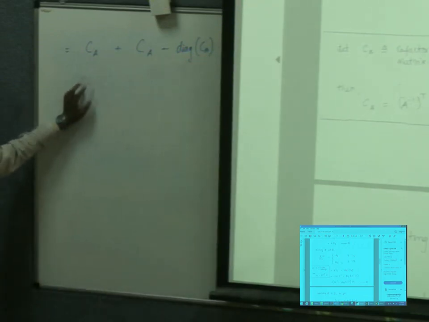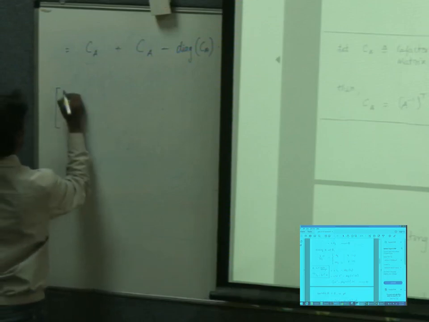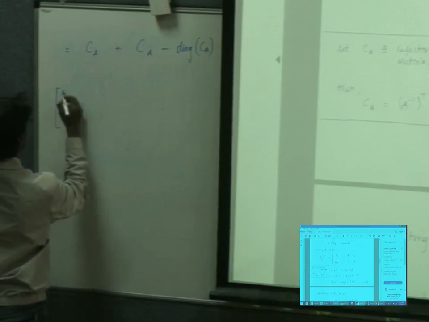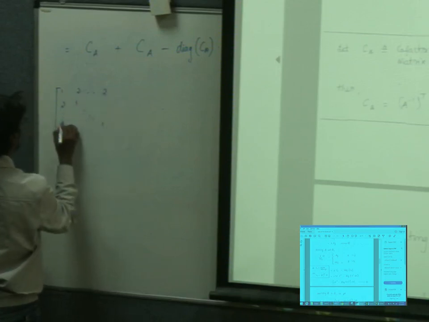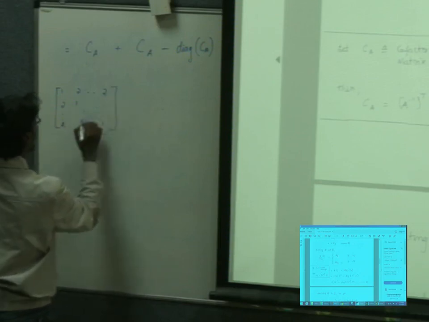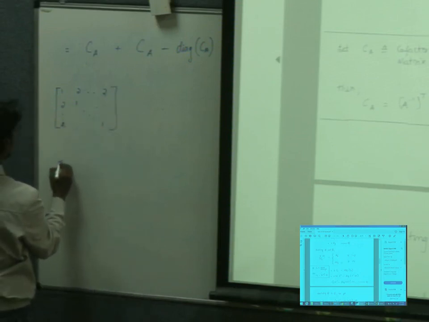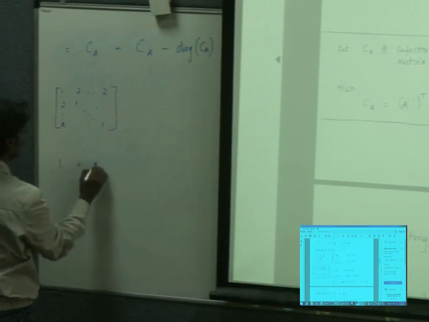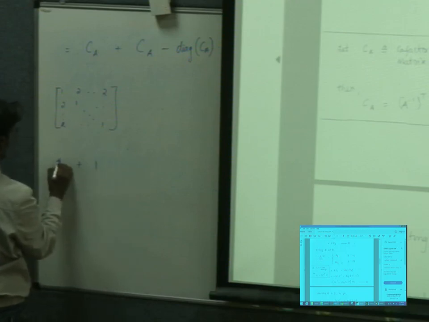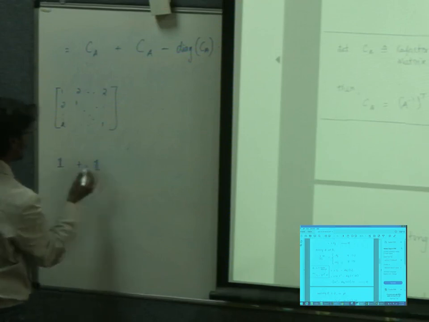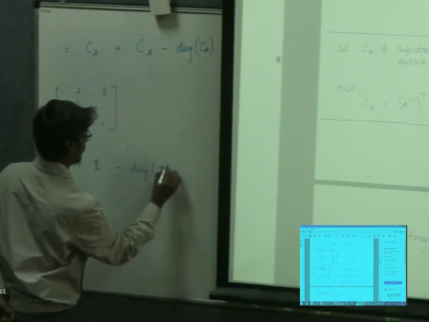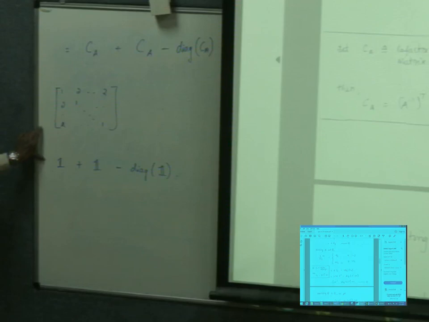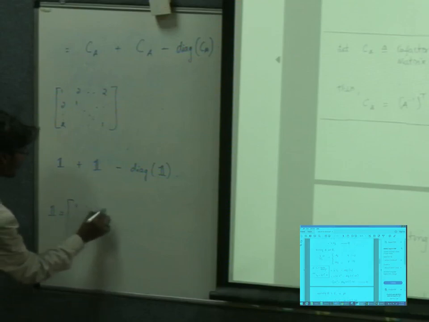I got it, right? So if you have a matrix like 1, 1, 1, 1 and so on, and 2, 2, 2, 2 everywhere else, this is nothing but 1 plus 1, maybe a shorthand notation for all the things, minus the diagonal of 1. You can express it in this way, right? So this 1 matrix is nothing but every element of it is 1.